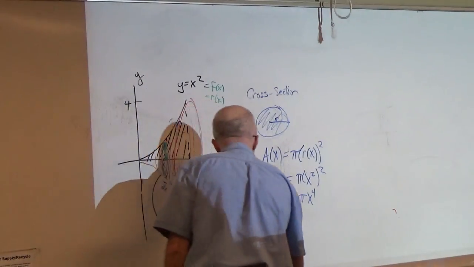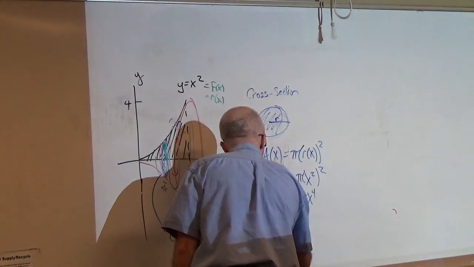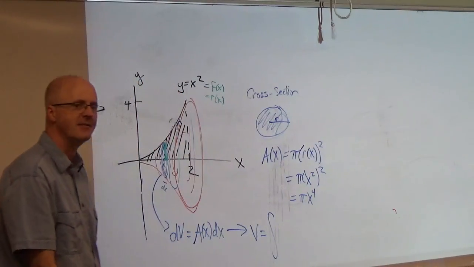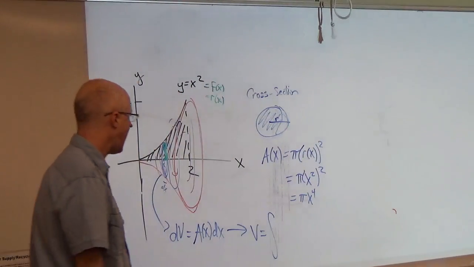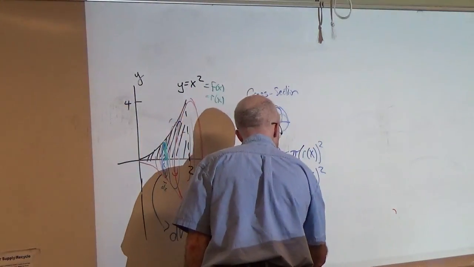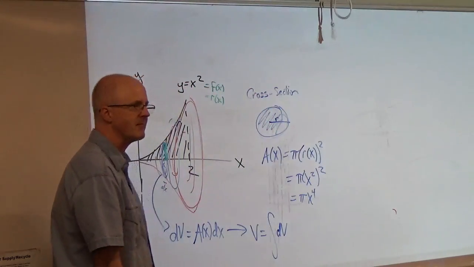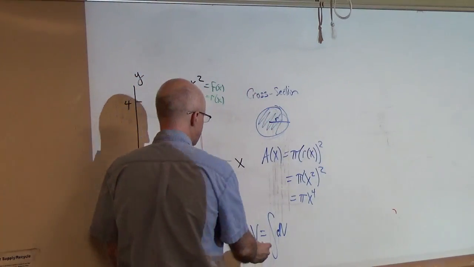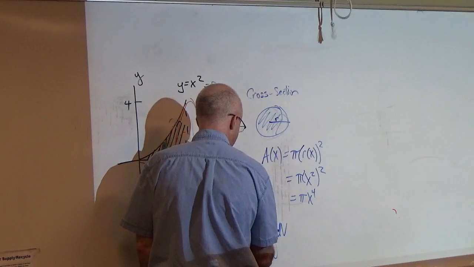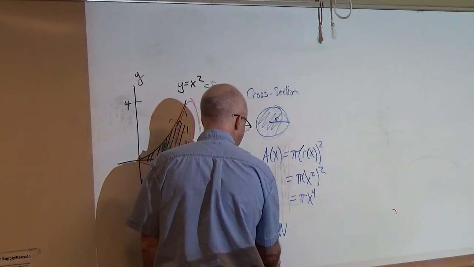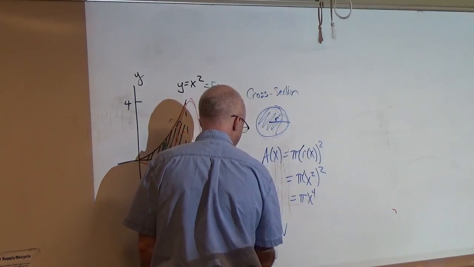So to find the volume, now you think intuitively of the integral sign as adding. To find the total volume, V, add up the little volumes, the dV's. This is your conceptual equation. It's not telling you what to do to find the answer.